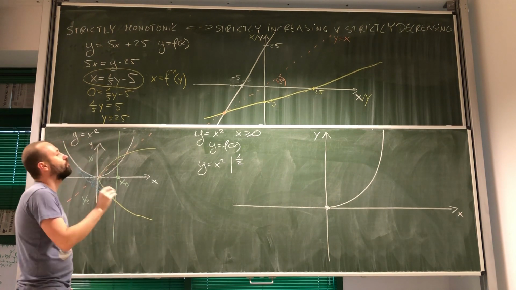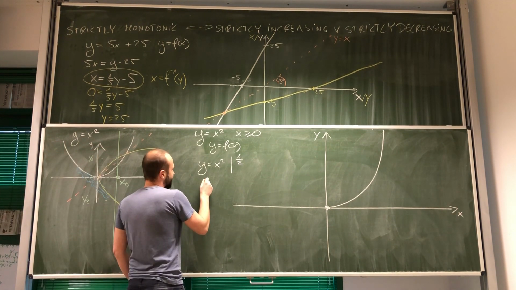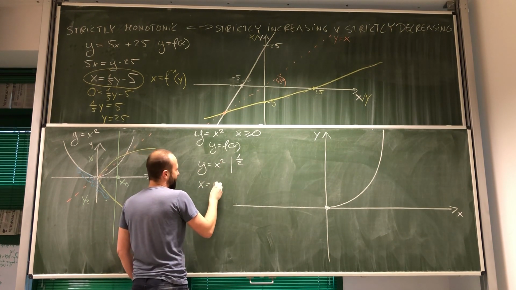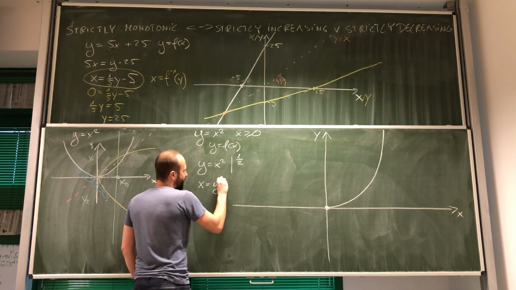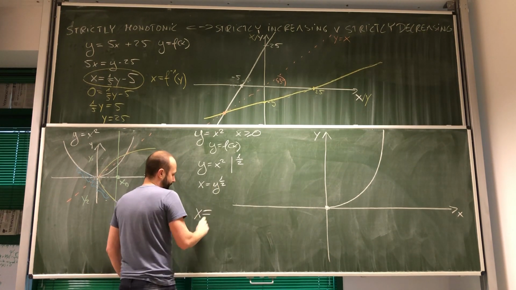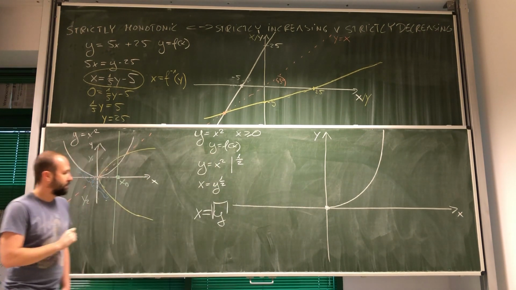So I'm taking a square root out of both sides, right? So I'm getting that x, which is x to the power of 1, equals y to the power 1 over 2, or simply the square root of y.